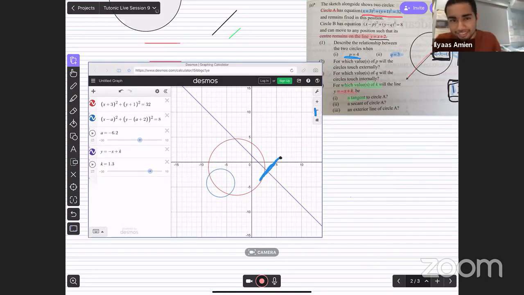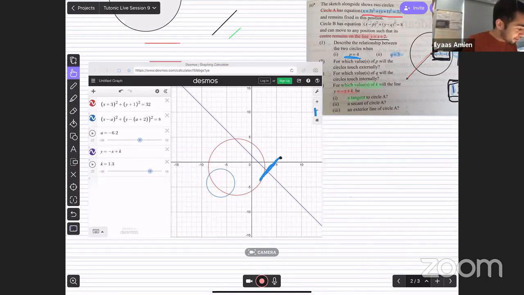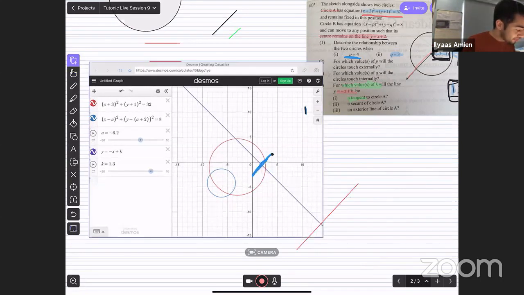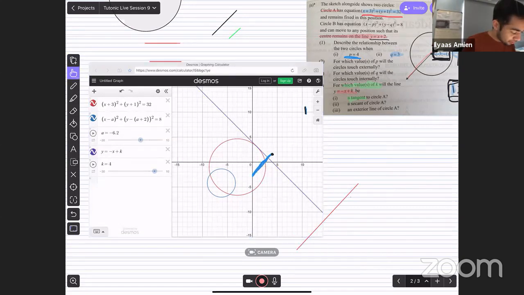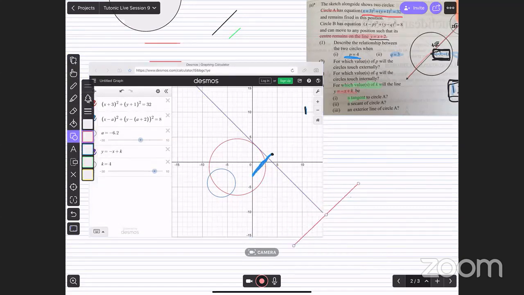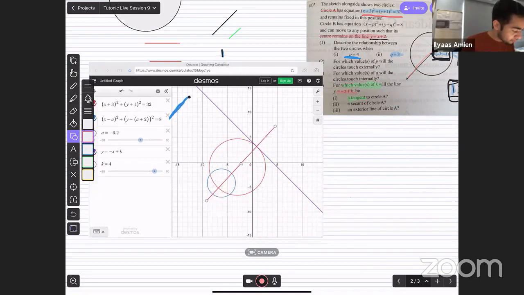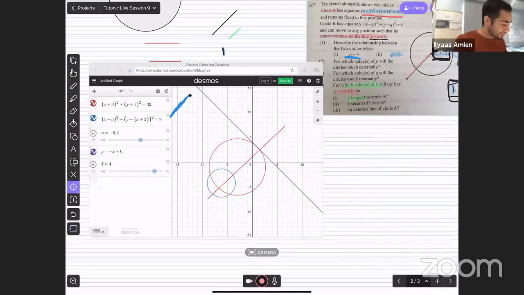So if it's a tangent, that means that the line must have the same point of contact. Let me just show you guys again the original straight line that we were working with. Yes, because the gradient is 1. This gradient is 1. So therefore, since the tangent is the gradient of -1, it must have the same point of contact.